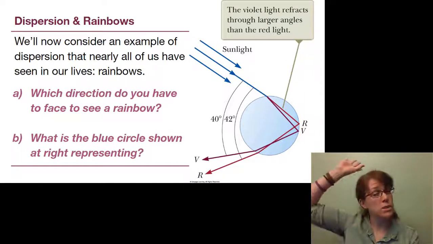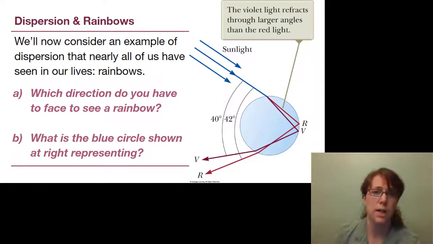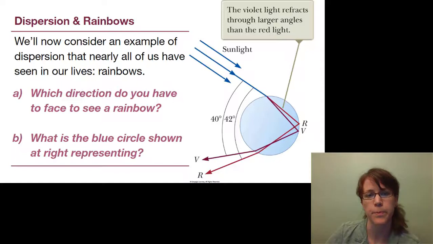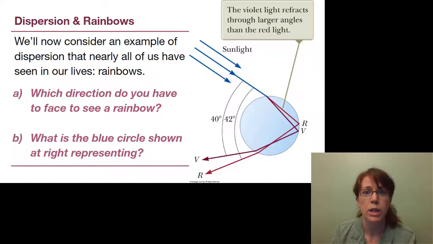It goes high in the southern sky, and then it sets in the general west direction, northwest, west, or southwest, depending on the time of year. But that means that you have to face mostly north in order to see a rainbow. If you are facing south, the rainbow will not be in your field of view, but you might be looking northeast or northwest, depending on the time of day and time of year.